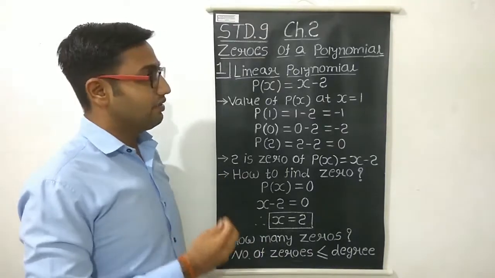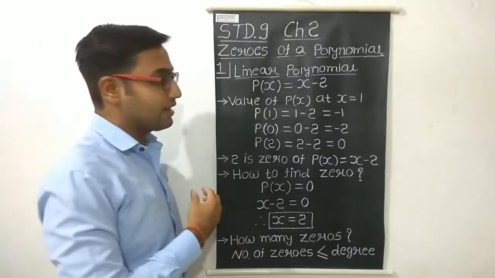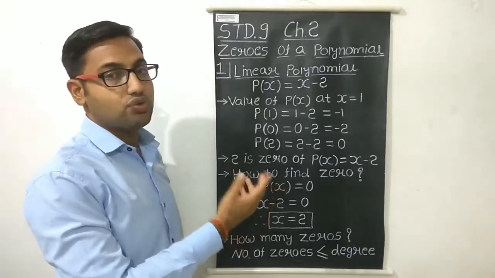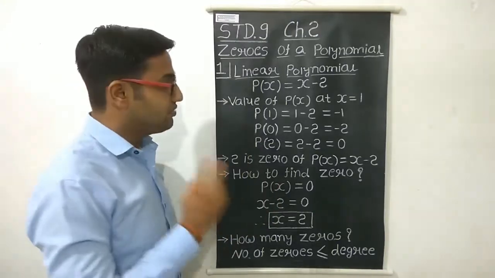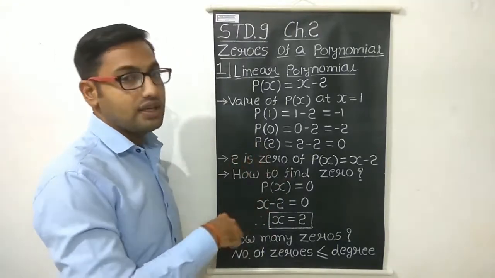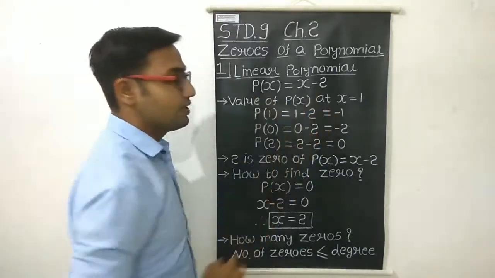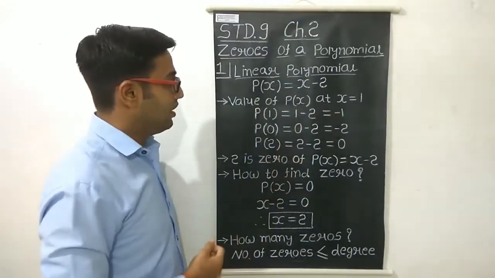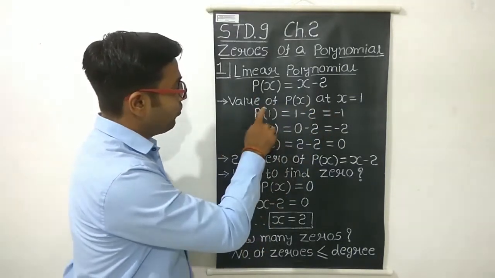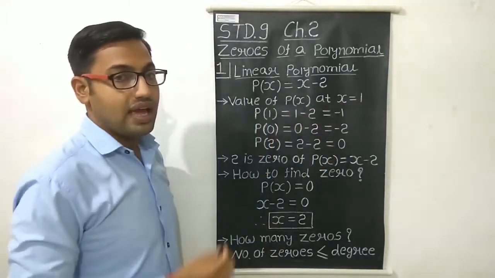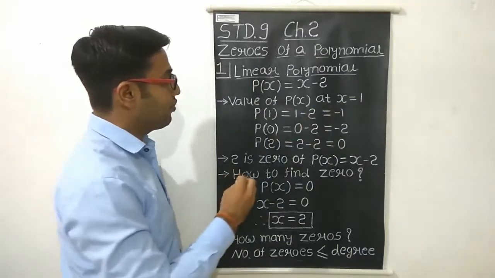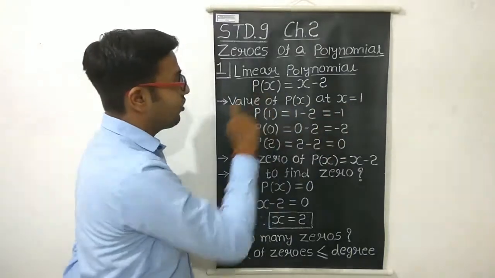Now, in previous class, we also have seen that we have taken the example of a square. And we know that as we change the value of x, the value of the perimeter is also changed. So in this case also, as we change the value of x, the value of this polynomial also changes. So let's suppose we find the value of this polynomial p of x at x is equal to 1. x is equal to 1 means we have to put 1 instead of x.